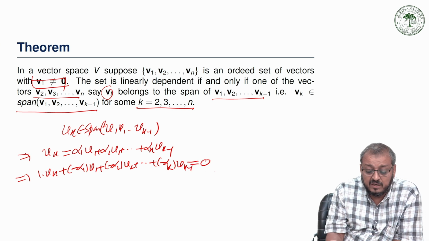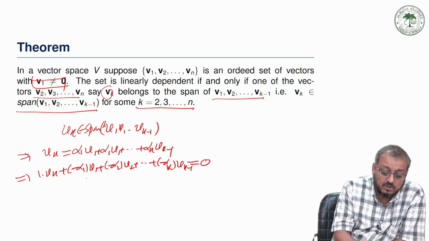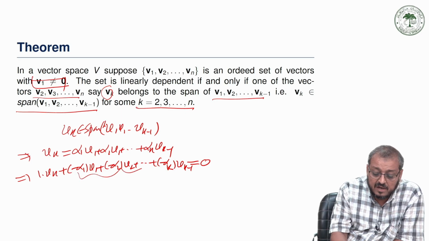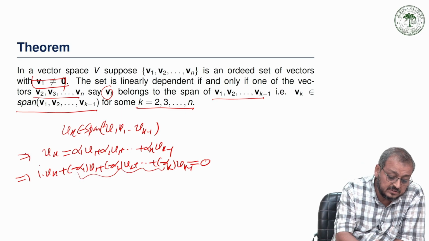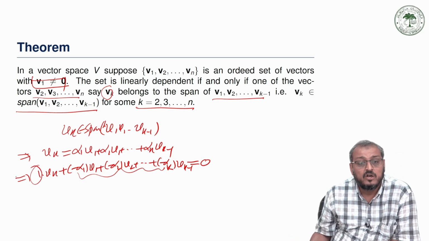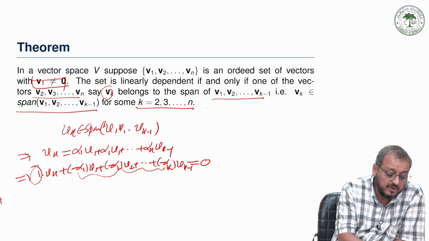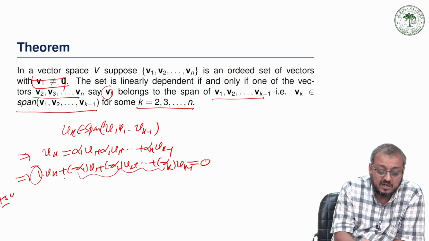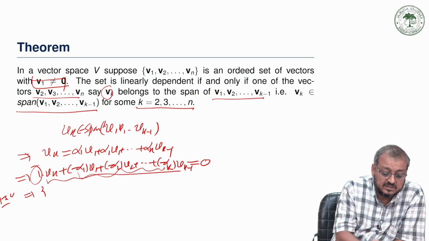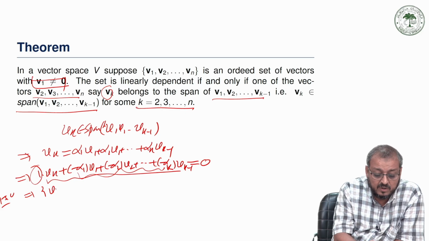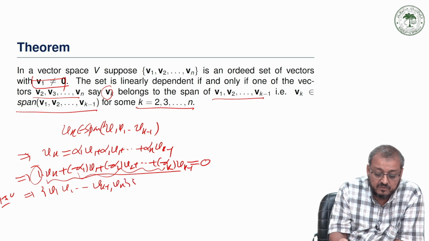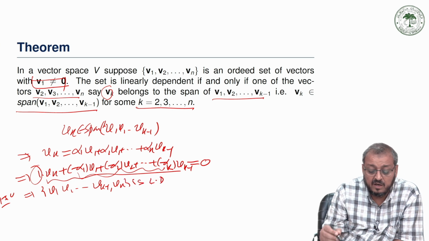Now in this set of k elements, not all the coefficients are equal to 0, because we have a non-zero element: 1 is not equal to 0. This implies that the set v1, v2 up to vk minus 1 and vk is linearly dependent.